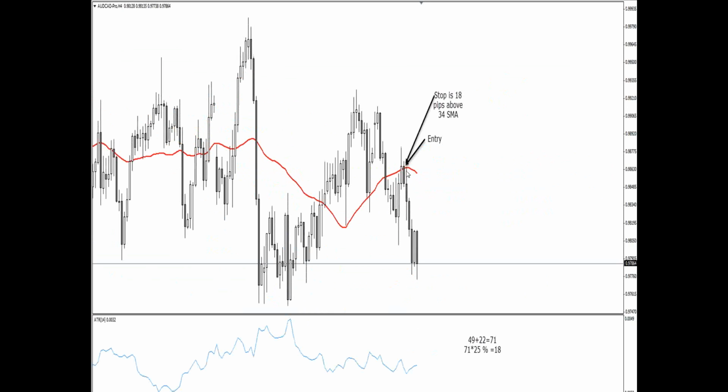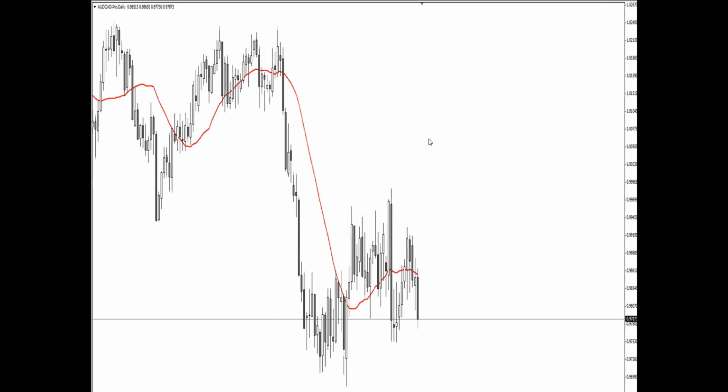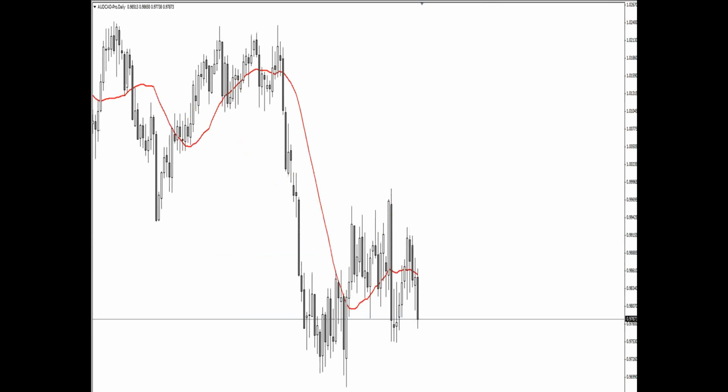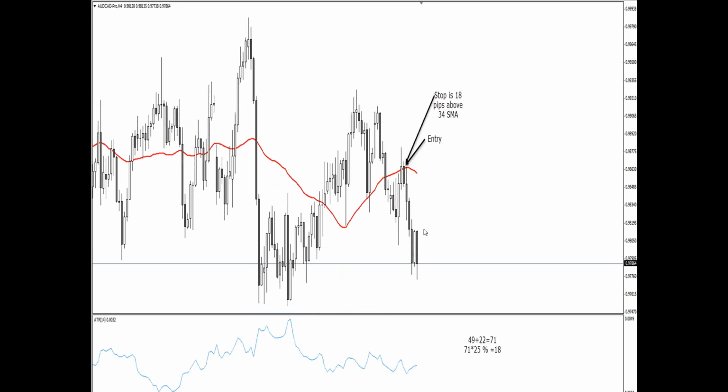And on the 4 hour, this was the entry. The price touched, but on the next candle it closed below because we want to sell. Weekly is below 55 SMA, daily is below 21 SMA, and on the 4 hour, look, it hit the 34 SMA and closed below. This is your entry, close.